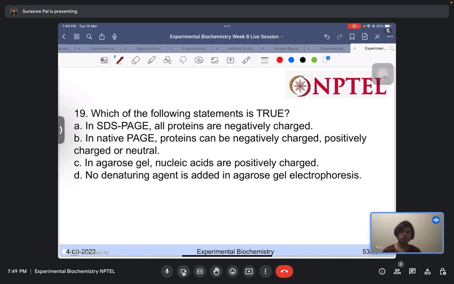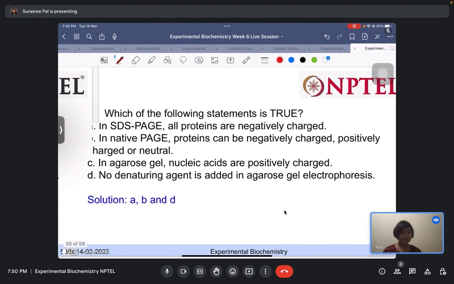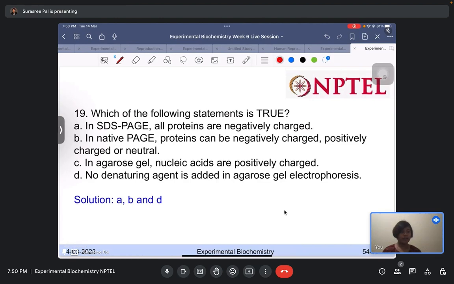Which of the following is true for SDS PAGE, native PAGE and agarose gel? So the correct answer is A, B and D. In SDS PAGE, all proteins are negatively charged, that is correct.